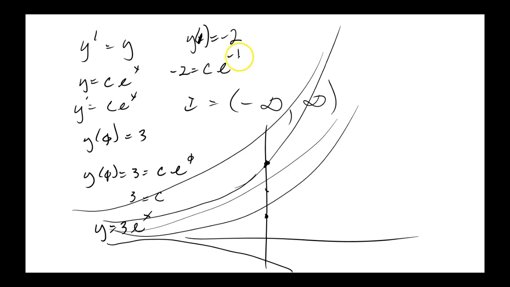Then for c, you multiply both sides of the equation by e, and that would give minus 2 e to the first is equal to c. And e is 2.7 and so on. Multiply that by minus 2, and you're down here somewhere.